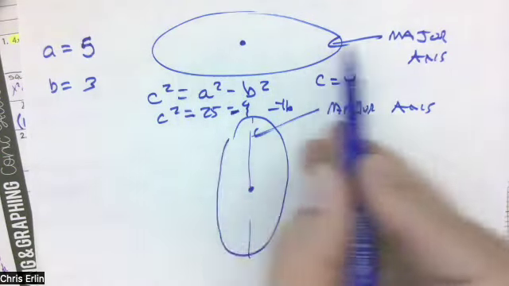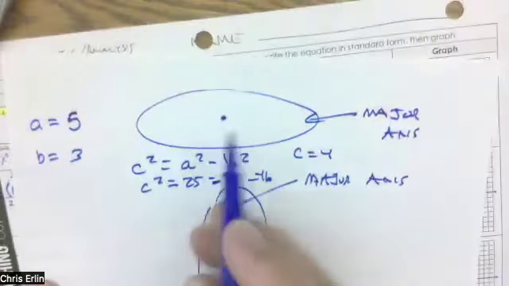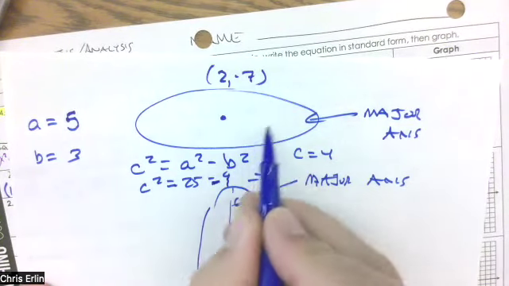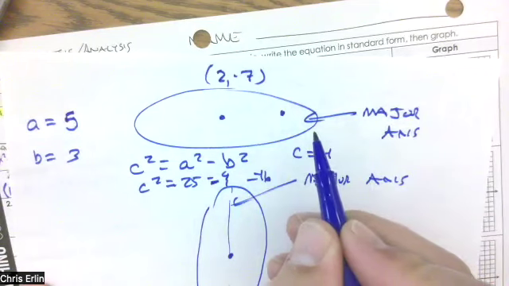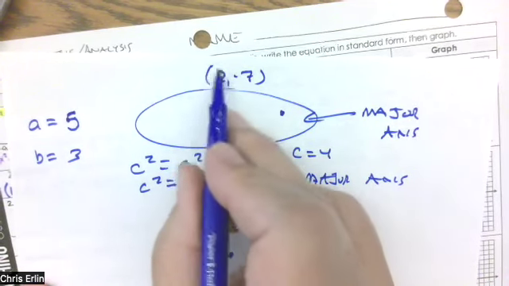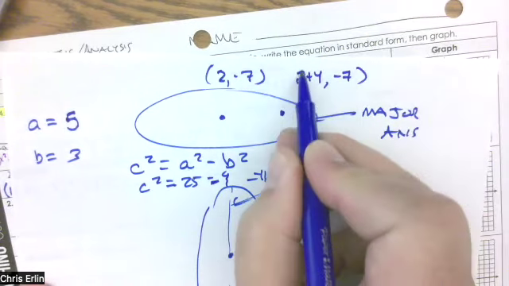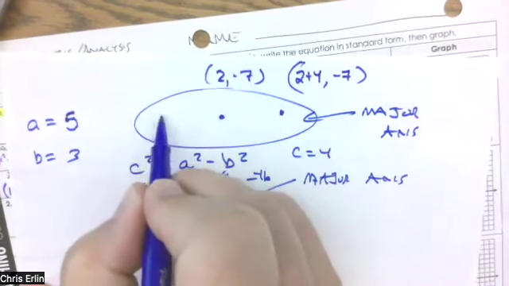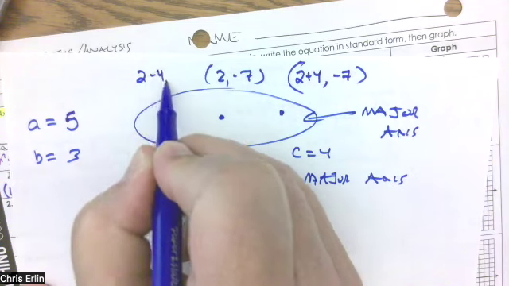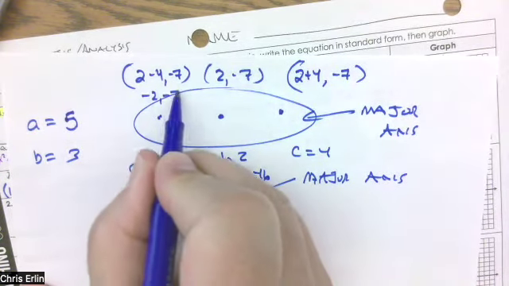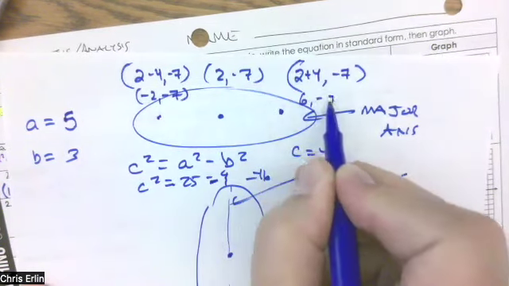And because this is the major axis, if my center here were, I don't know, 2, -7, my focal point here would be affecting the x. Instead of it being just 2, I'm going to say 2 plus 4, comma, -7. And going in this direction, I'd take 2 minus 4, comma, -7. So the actual points would end up being -2, -7 here, and 6, -7.